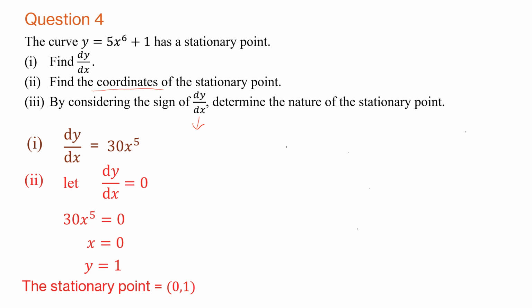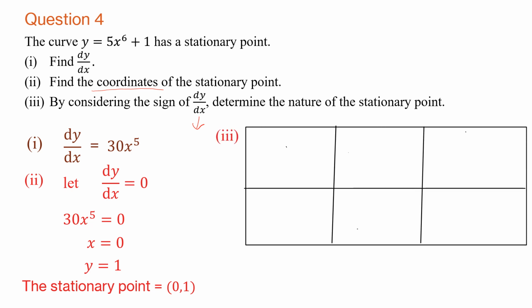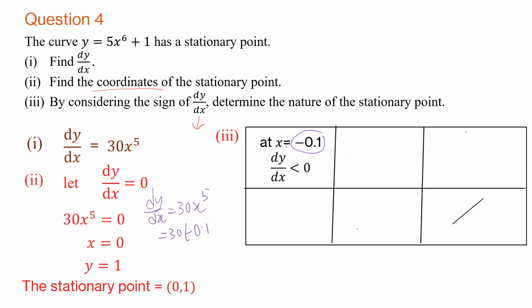So for part 3, we're going to draw the table using the first derivative to find the nature of the stationary point. So x equals 0, take minus 0.1, that gives you negative 0.1. What we're going to do is substitute this value into your dy/dx. Your dy/dx is 30x to the power of 5, so you substitute x to be negative 0.1.